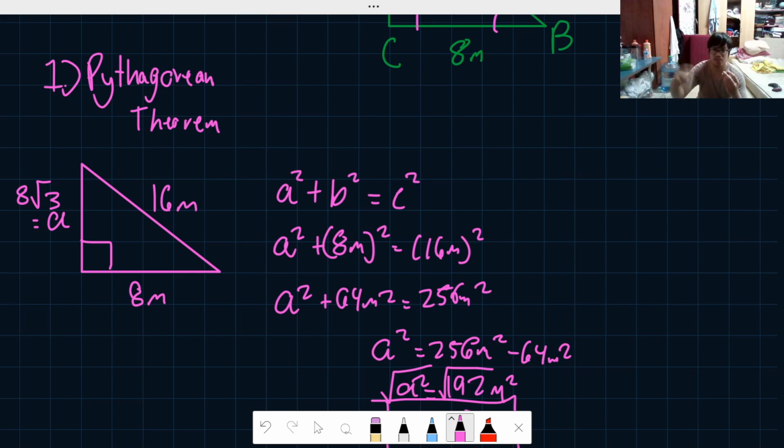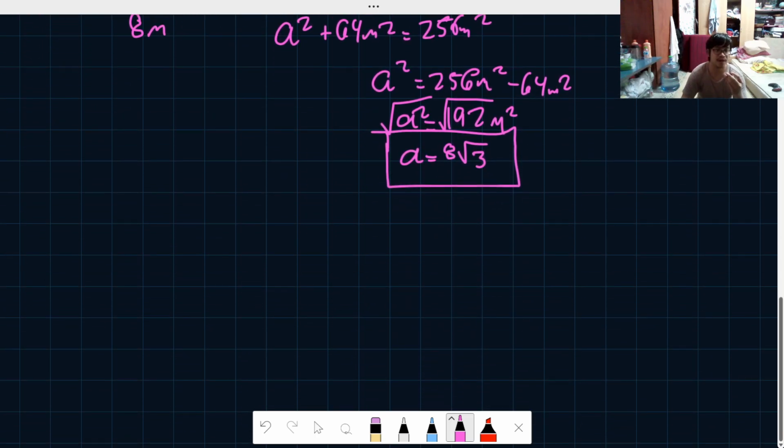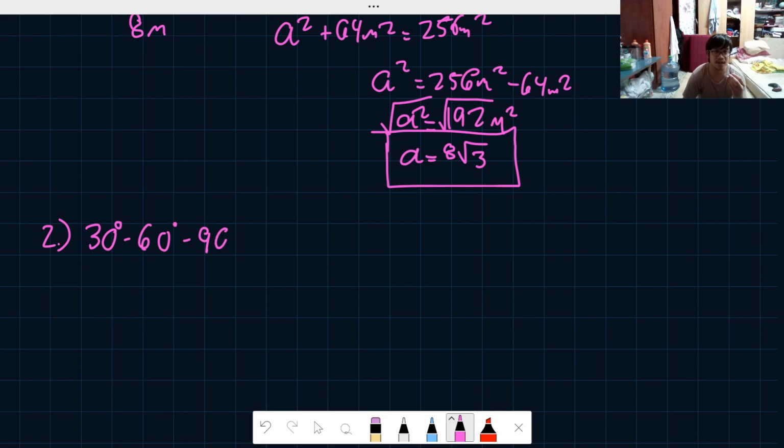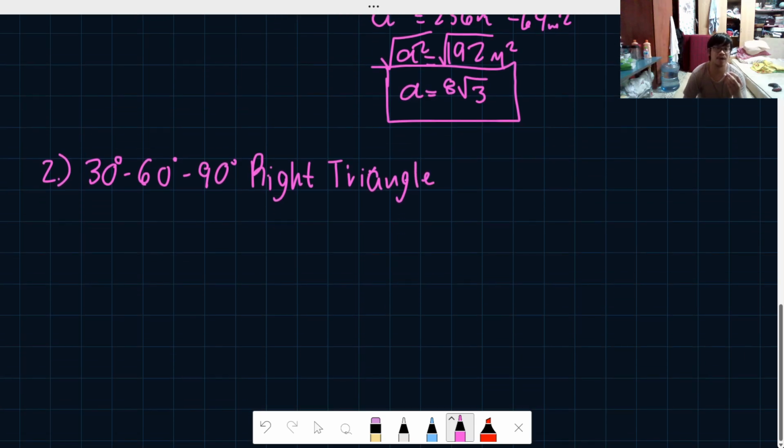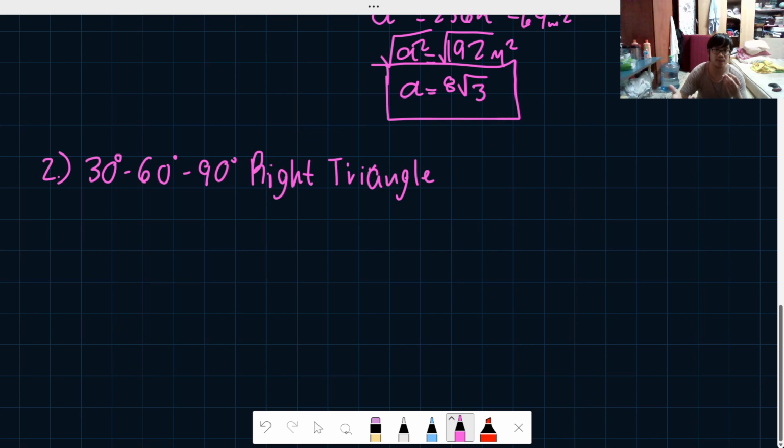When you're too lazy to do the solving, you can just use this second method, which is the application of a special right triangle, the 30-60-90 right triangle. It's considered special because it tells you the measurement of each side.